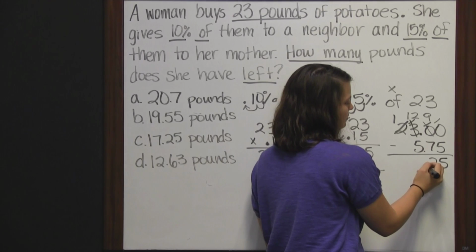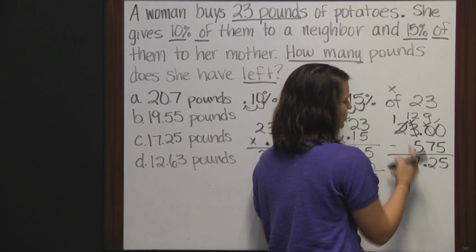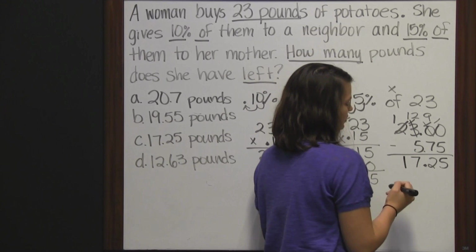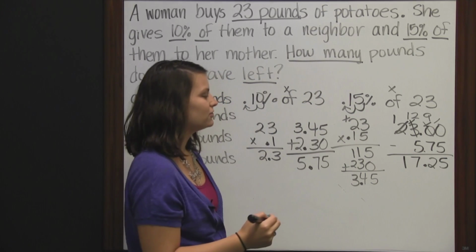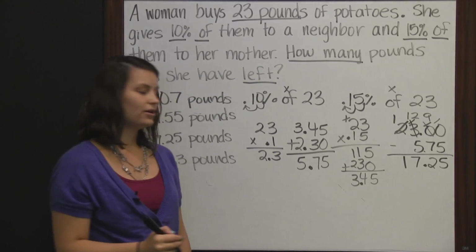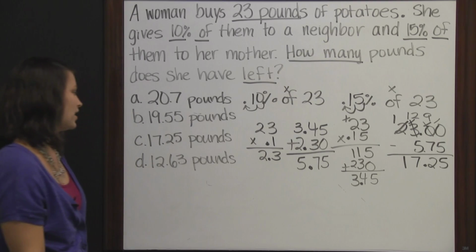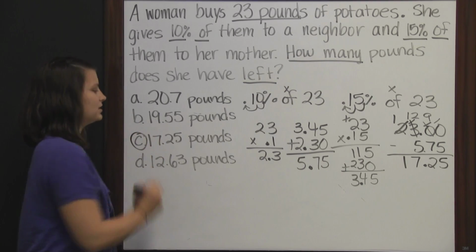We bring that decimal down. 12 minus 5 is 7. And then we bring down the 1. So that means that after she gives away the 5 75 hundredths pounds to her neighbor and her mom, she's left with 17 25 hundredths pounds, which is answer choice C.